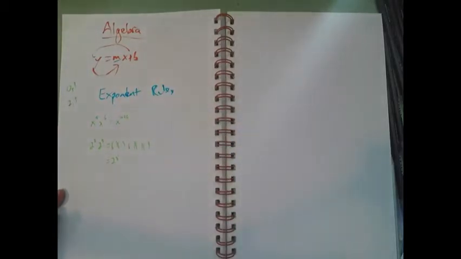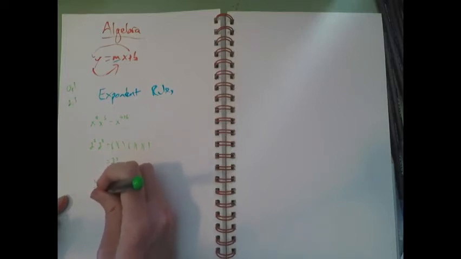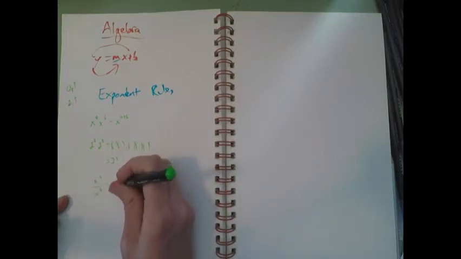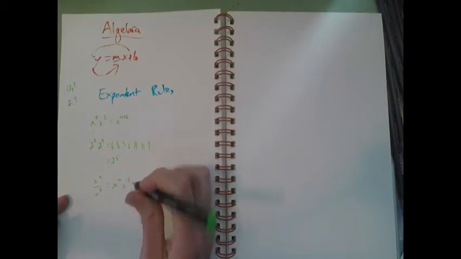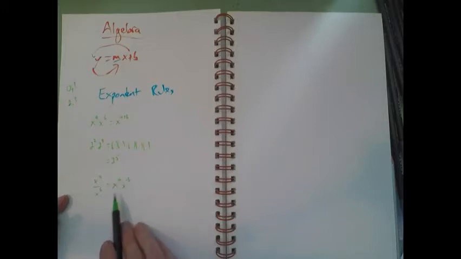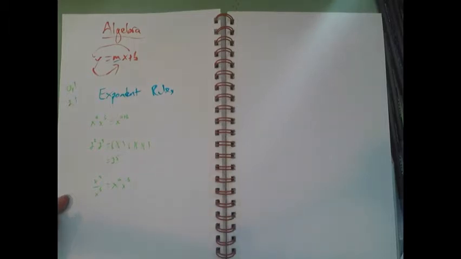That's not too bad. If we say x to the a over x to the b, well, it turns out, is equivalent to x to the a times x to the minus b, right? A minus exponent is the same as just the reciprocal with a positive exponent.